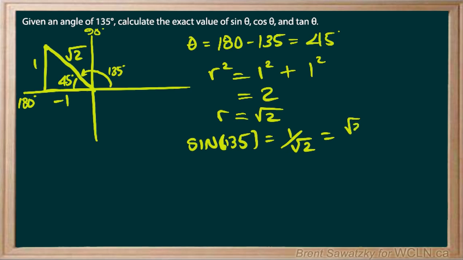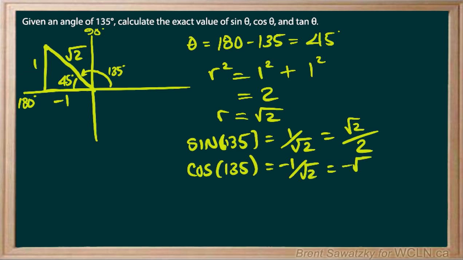So multiply top and bottom by root 2, and there's our sine. The cosine of 135 would be, again, adjacent over hypotenuse, so negative 1 over root 2, and rationalizing would give us just a negative version of that.